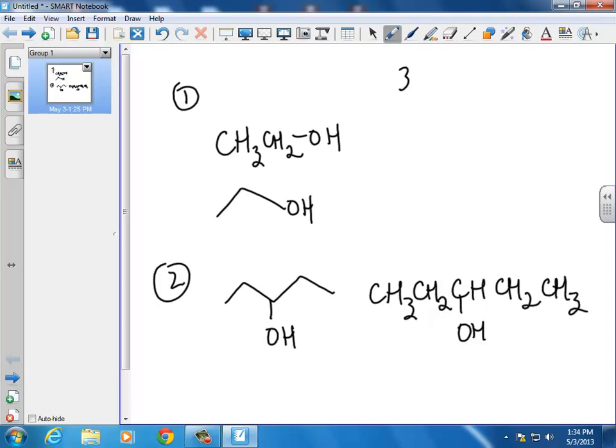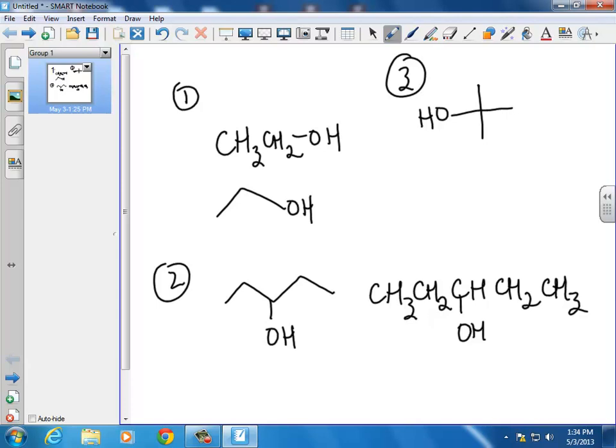Okay, and then we'll have example 3 here. Go ahead and draw the bond line for it. And so I'll leave that without the structural formula because we've got to get used to bond line.